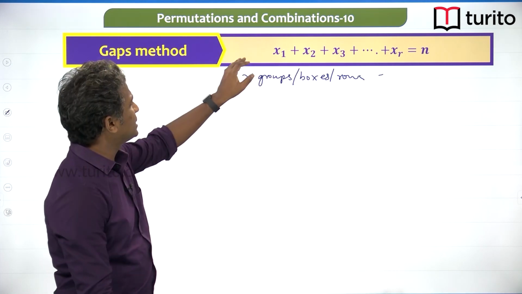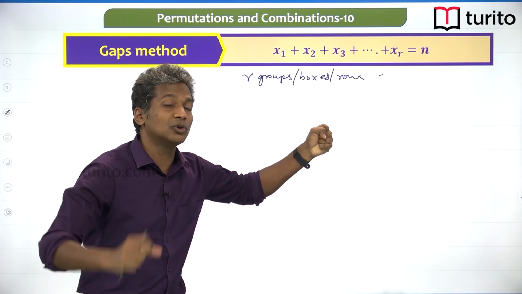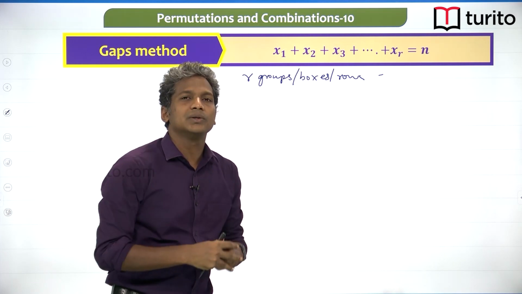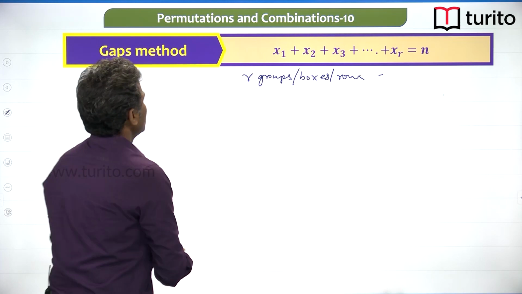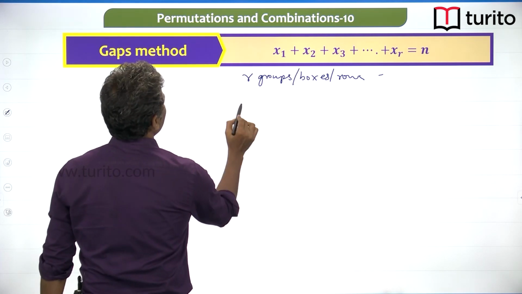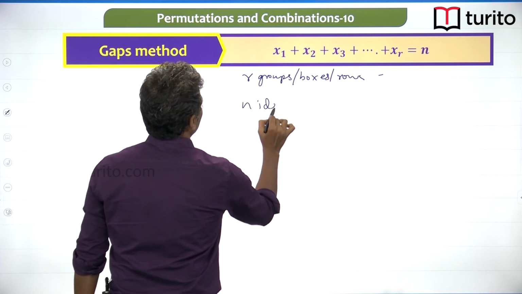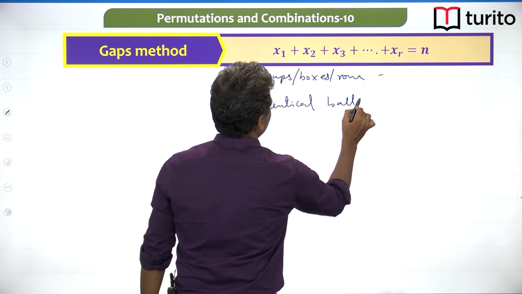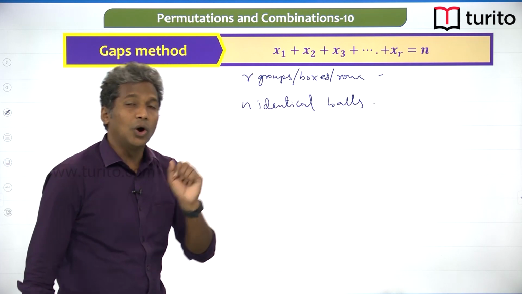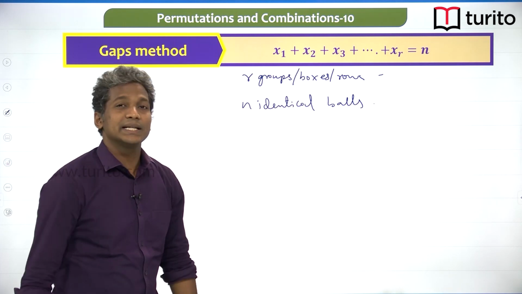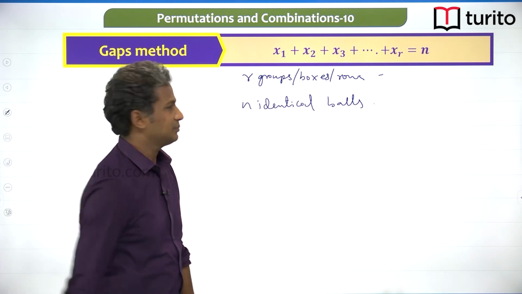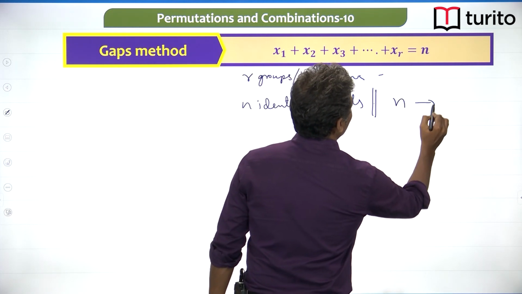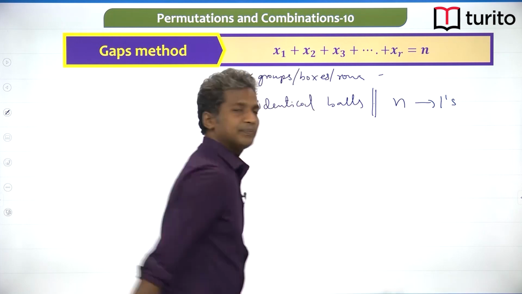And you want to arrange these n. What do we take n as? Let's take them as some identical objects or balls, okay. So I can take n identical objects or balls, okay. Or you can also take this as n ones, okay.